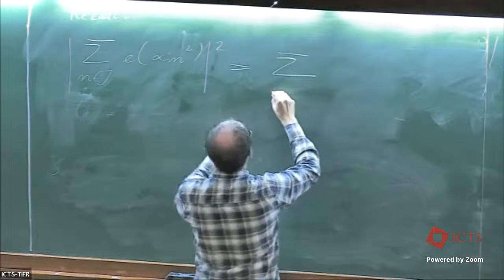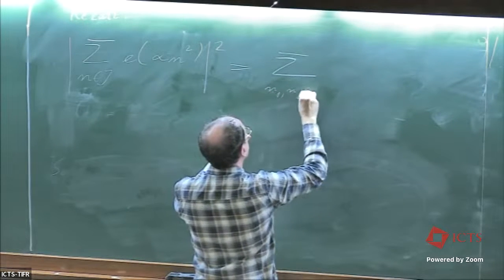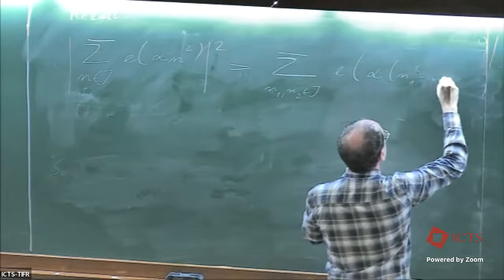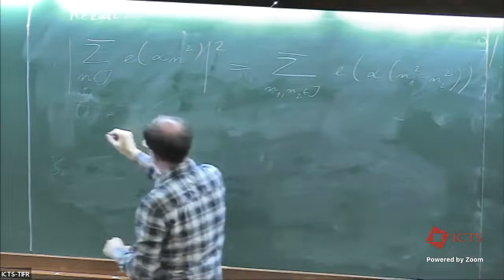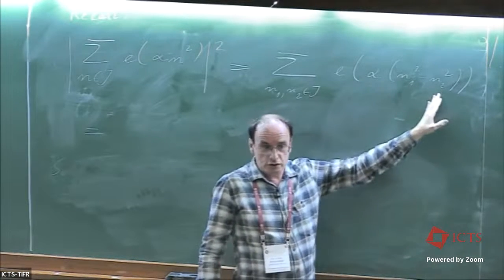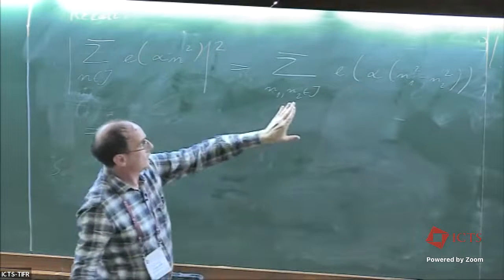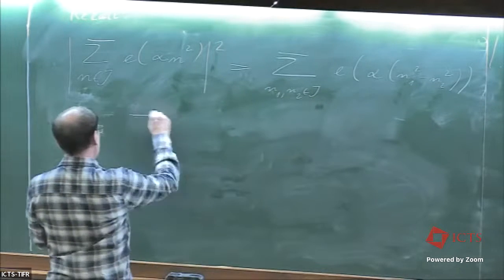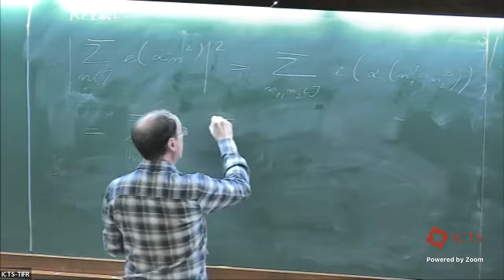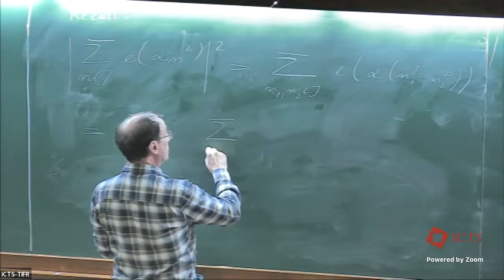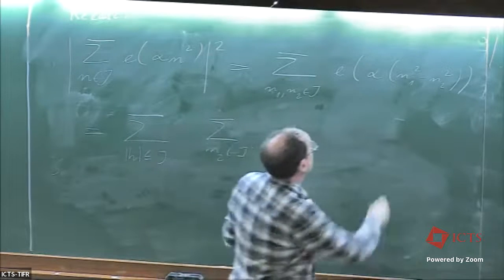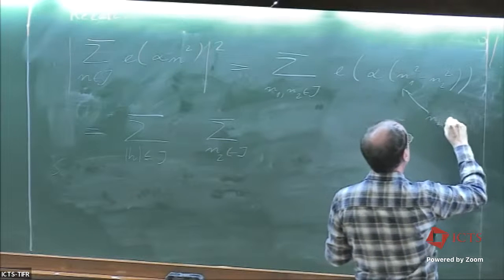So you just multiply out a double sum of that form, e(alpha(n1 squared minus n2 squared)). So then the idea was to write n1 as n2 plus h. So h must be of size smaller than the interval length. So you sum over n2 in I, and you write n1 as n2 plus h.